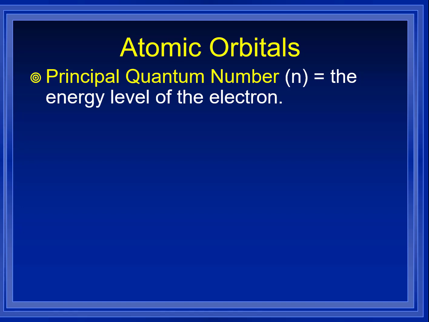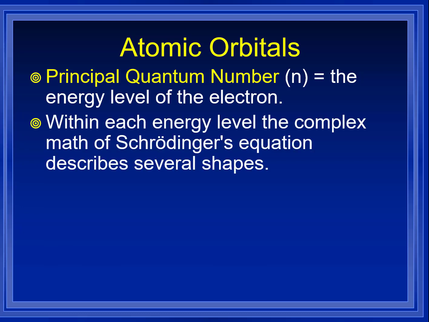The principal quantum number will tell you how many waves there are. 1 wave, 2 wave, 3 wave, 4 wave, which means energy level. Because if the whole wave solves the Bohr problem, why can't it be in between? Because it's got to be 1 wave or 2 wave. It can never be 1.5 or 1.7, because 1.7 wouldn't be still. But inside each energy level, the math draws different shapes.